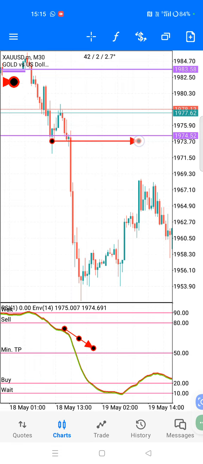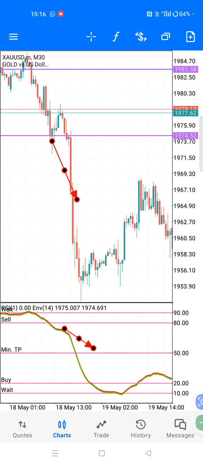That is 70 pips. Okay, 70 pips is big enough for you. But after the 10th candle, it goes down. 10 candles of 30 minutes is 300 minutes, equivalent to 5 hours, as 1 hour is 60 minutes.